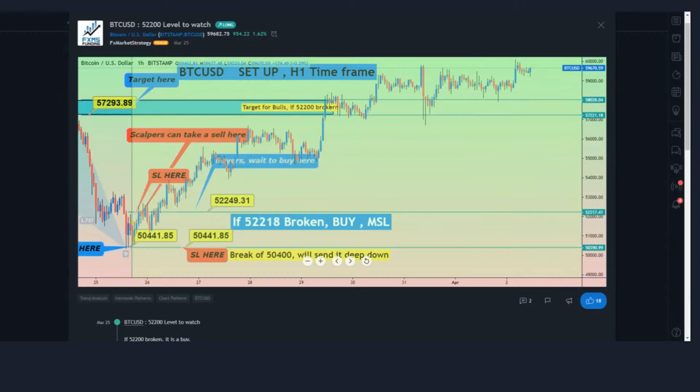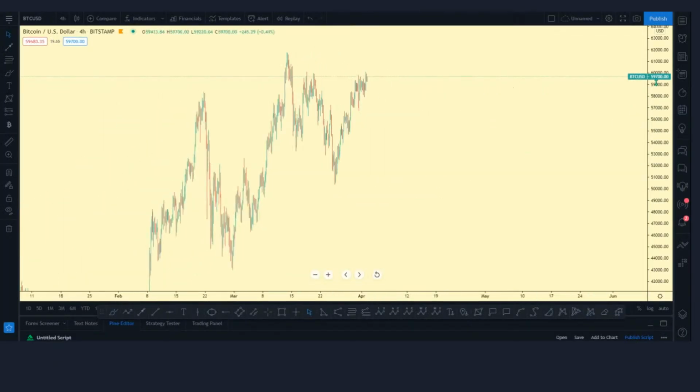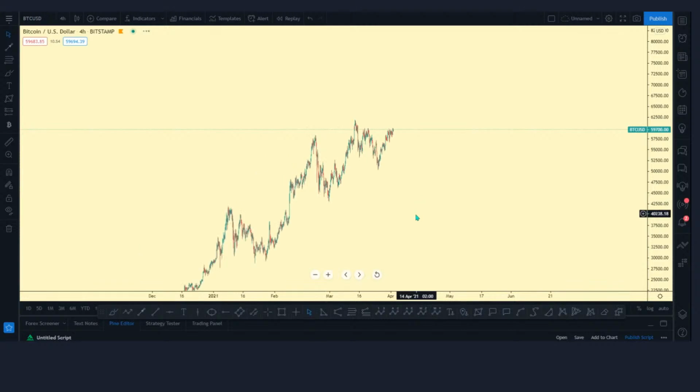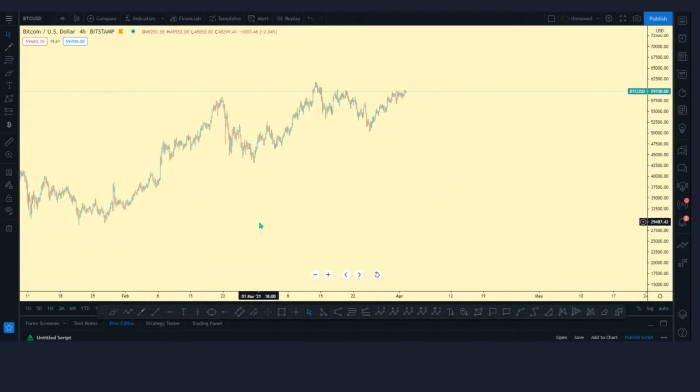Okay, so we can jump to see what's going on right now. We're also getting a triangle right here, very clear.